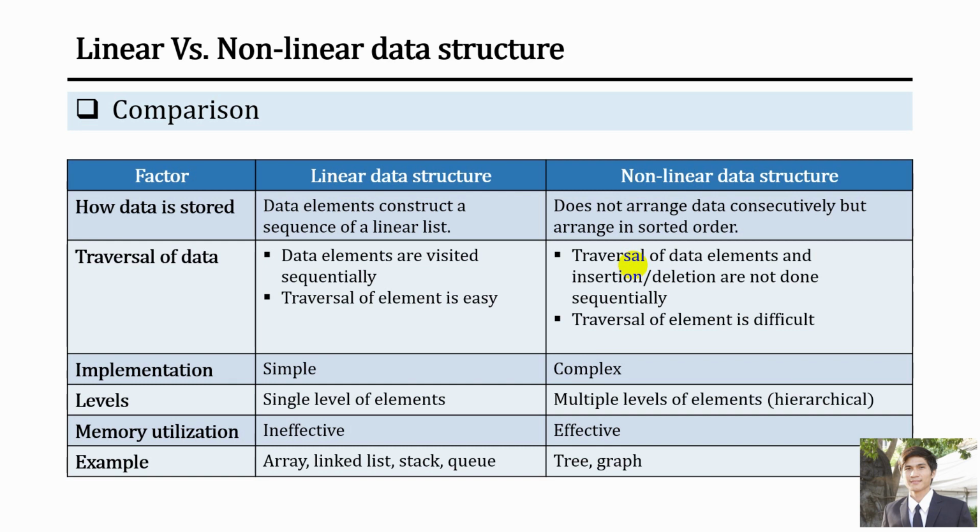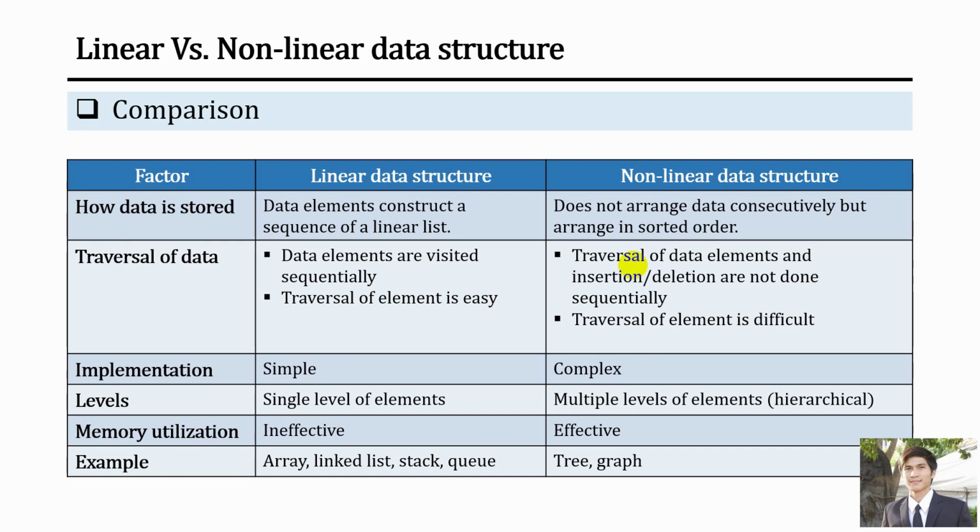In the linear data structure, the data is stored sequentially, while in the non-linear data structure, the data are not stored in sorted order. In terms of access, we visit data sequentially in a linear data structure, but in a non-linear data structure, we need to access our data recursively, either from the left or right, or one level by one level.